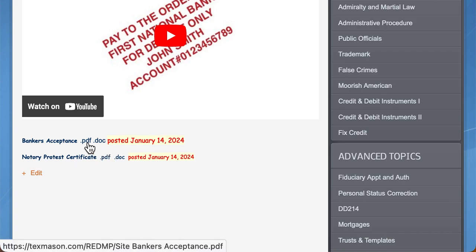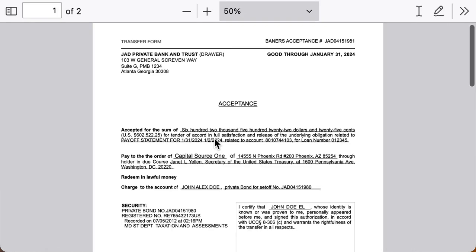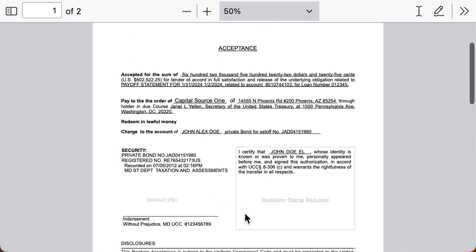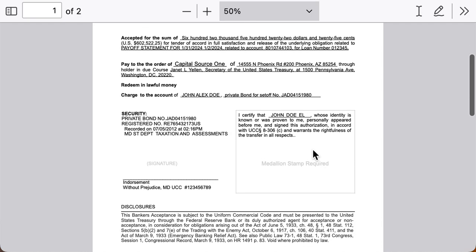But first, let's look at the banker's acceptance one last time. I wanted to mention in here, as I stated in the last video, some people may have a difficult time obtaining this medallion stamp signature guarantee. If it were me and that was the case, I would take this piece right here and make it a notary verification or something to the effect.